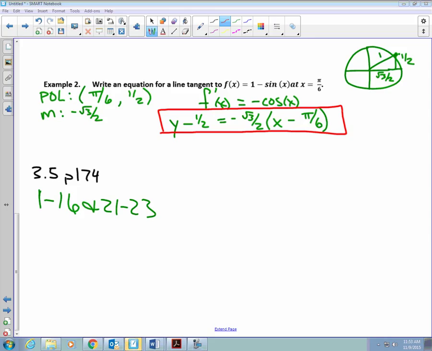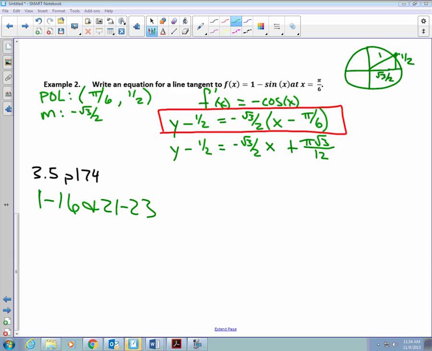Another way is they would put it in slope-intercept form. And for this class, you must put it in slope-intercept form. That way you would be able to see both ways. So what I'm going to do is distribute the negative root of 3 over 2. The y minus 1/2 is equal to negative root of 3 over 2 times x, and then plus pi root 3 over 12. So in order to put that in slope-intercept form, I have to add 1/2.